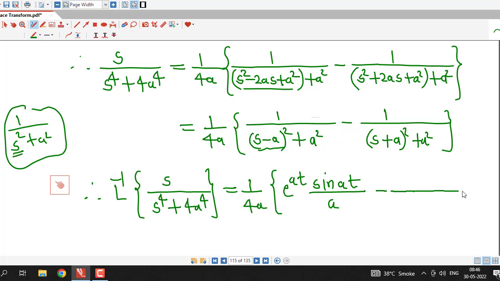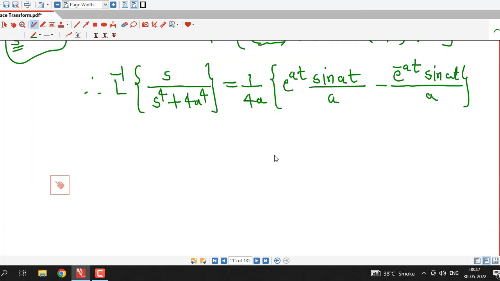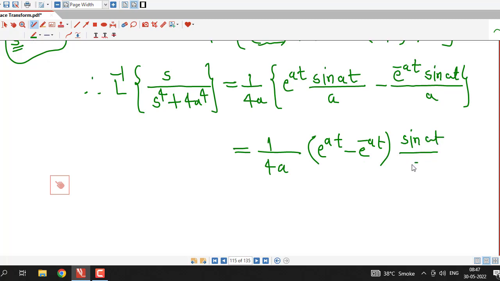Here we have s plus a, that is s minus minus a, therefore we have e raised to minus at and sin at divided by a. And now we can take this sin at by a common, and we will have e raised to at minus e raised to minus at times sin at divided by a.